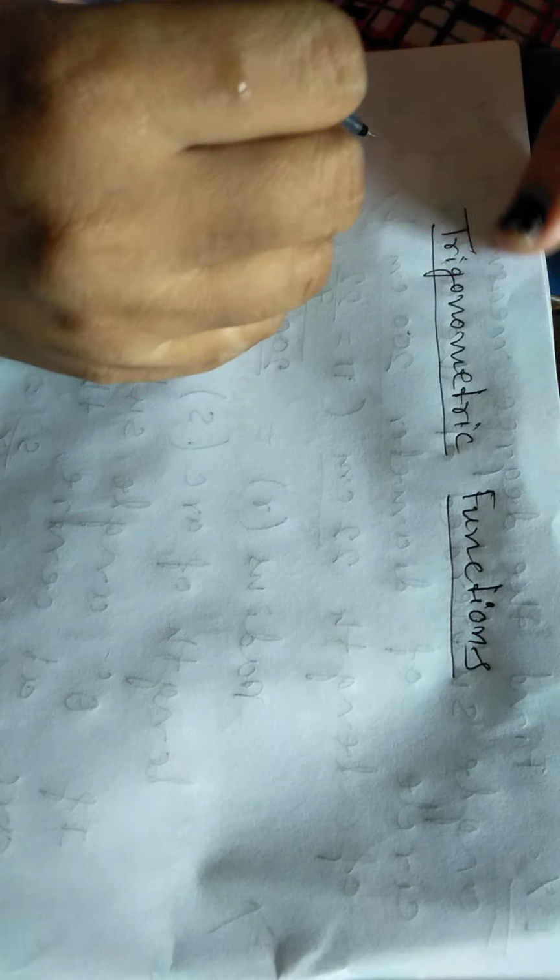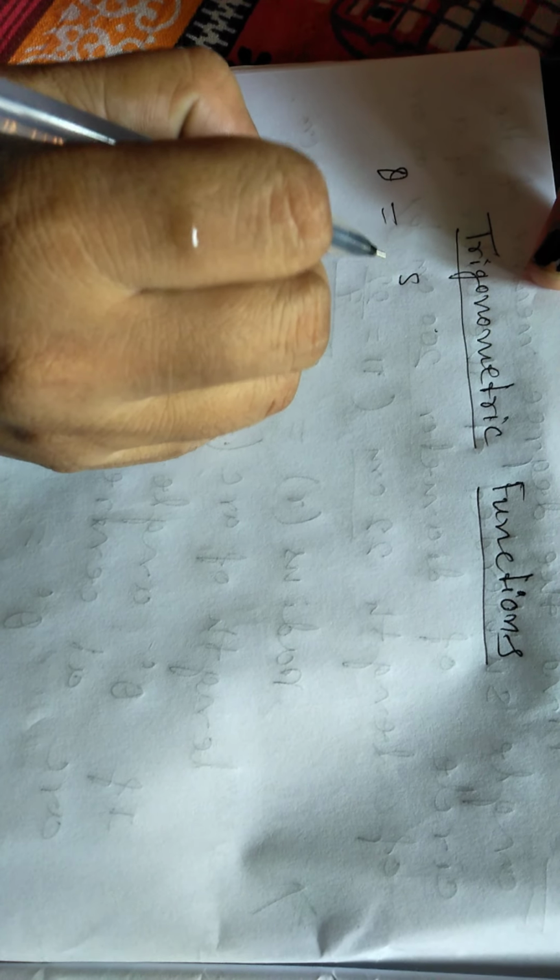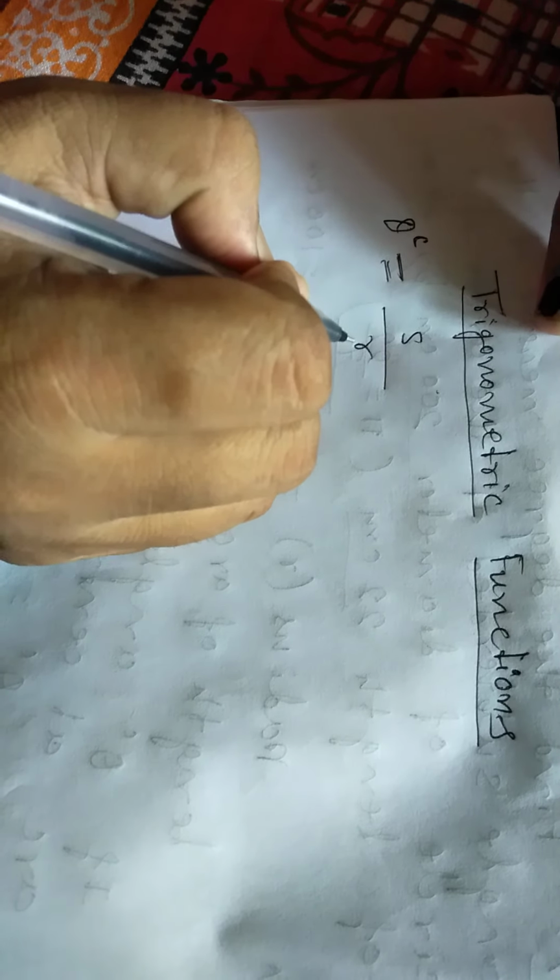I have already told you, if theta is the angle subtended by an arc of length s, where the radius of the circle is r, then theta in radians equals s by r.